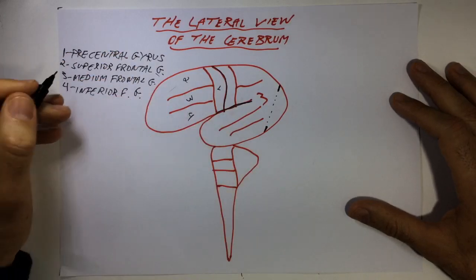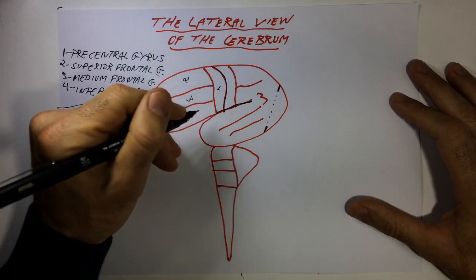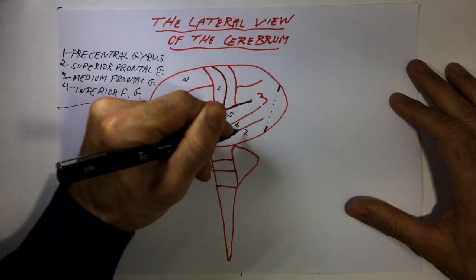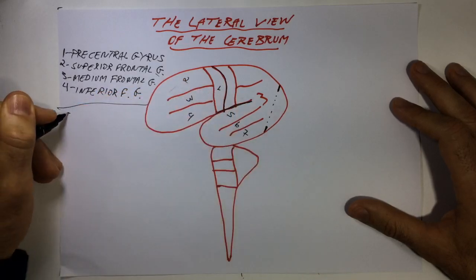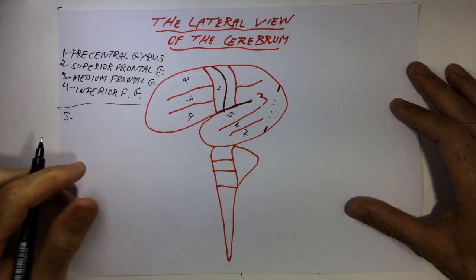Down here we have the same thing, the temporal lobe. So we have 5, 6, and 7. 5 would be superior, 6 medium, 7 inferior. Exactly the same.